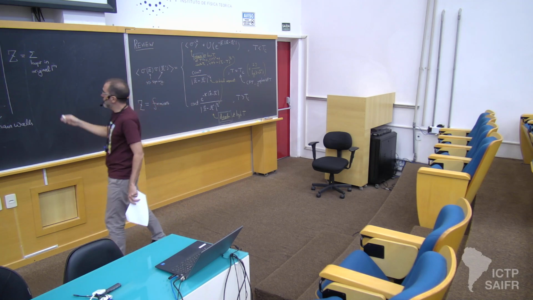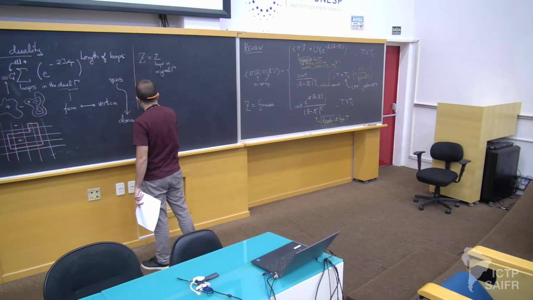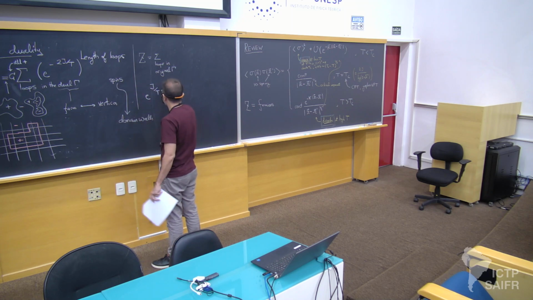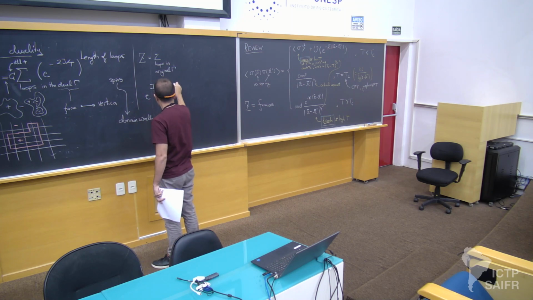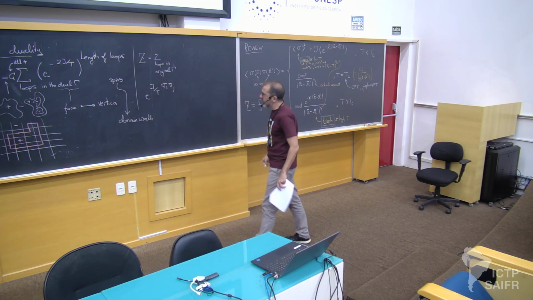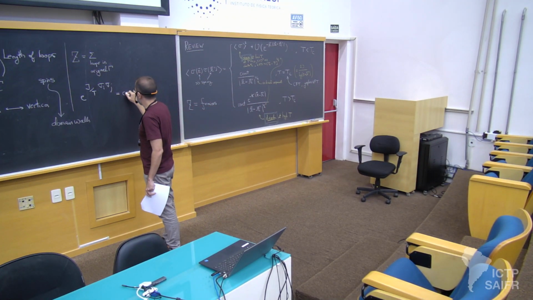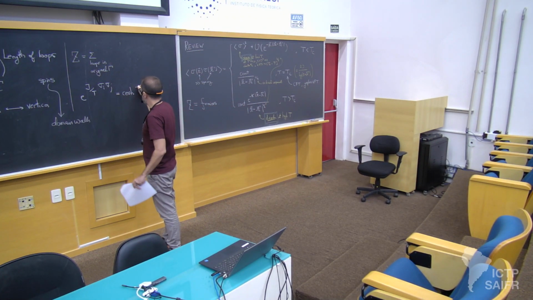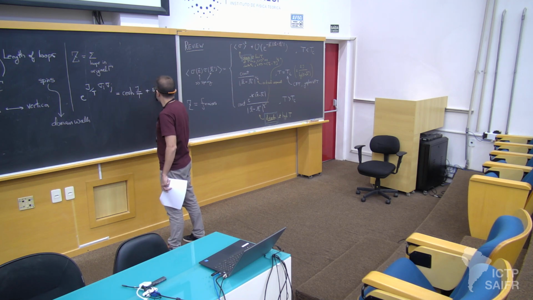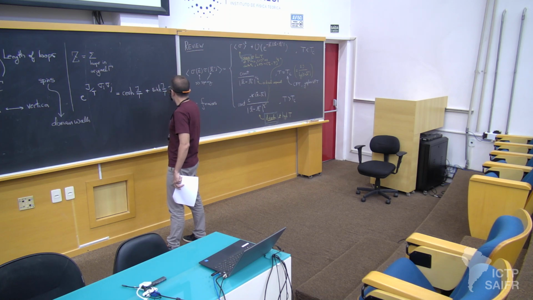And that's very easy. You just remind yourself that you have the following identity. So you see that this exponential, I can write it, let me write an equation, and then we see why it is obviously true, as cosh of J over T plus sinh of J over T sigma_i sigma_j.